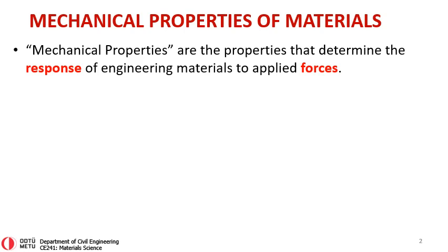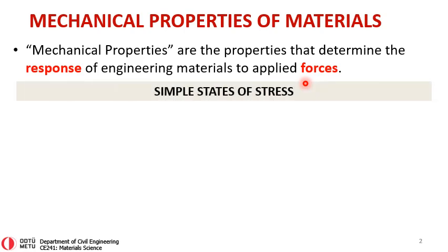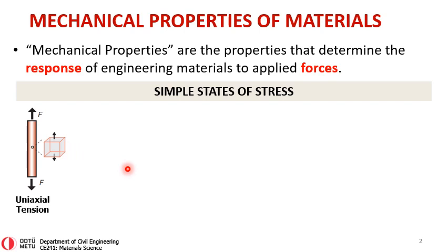As we have seen last week, mechanical properties are the properties that determine the response of engineering materials to applied forces. And we have seen some simple states of stress. Whenever we subject a rod to tension forces on each side, we will be seeing uniaxial tensile stresses in this member.